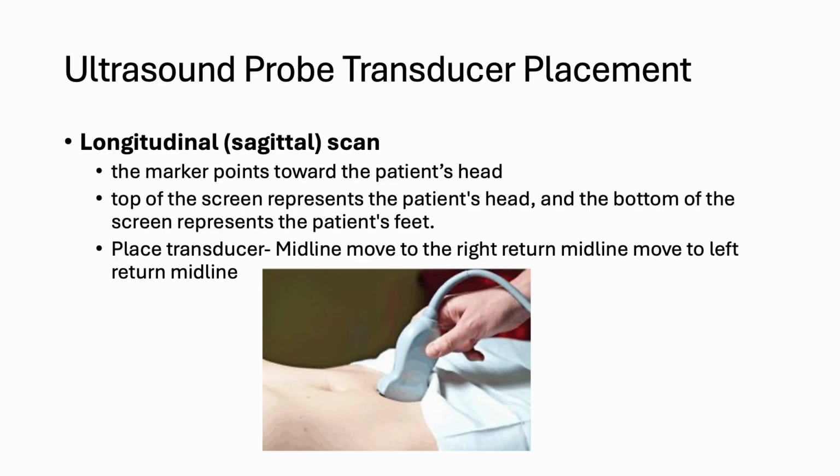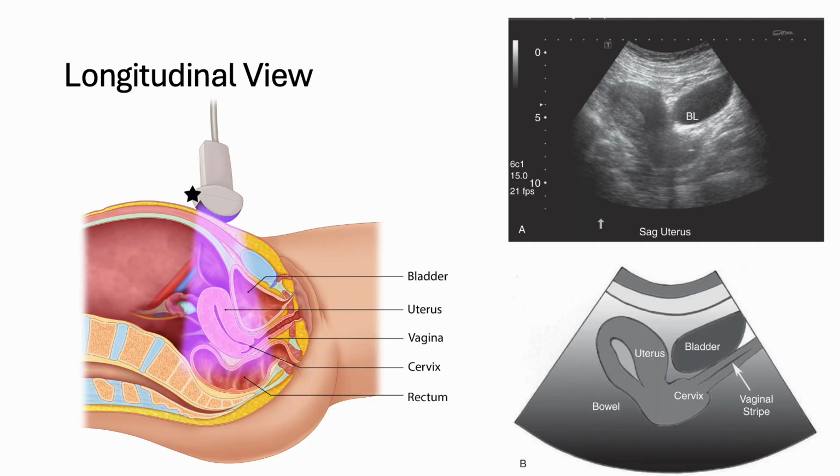Again, like I said, more experienced sonographers and midwives may do it a little differently, but as you're practicing, I recommend that you practice this technique. So this shows the longitudinal view where you can see the sound waves are going longitudinally through the patient, and so it's looking at the bladder and the uterus in a different view.